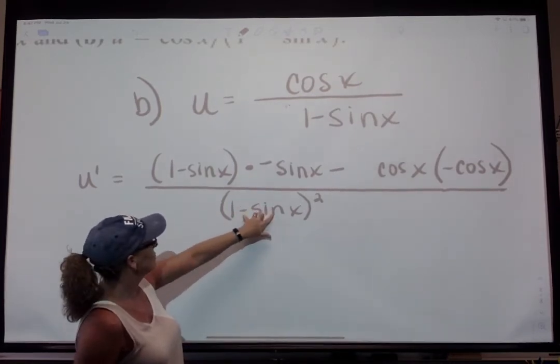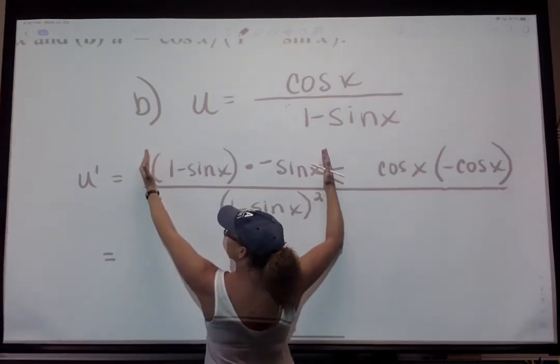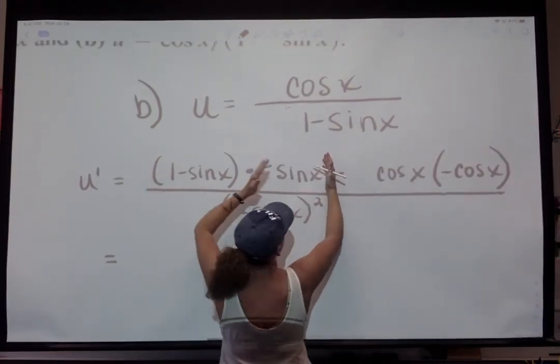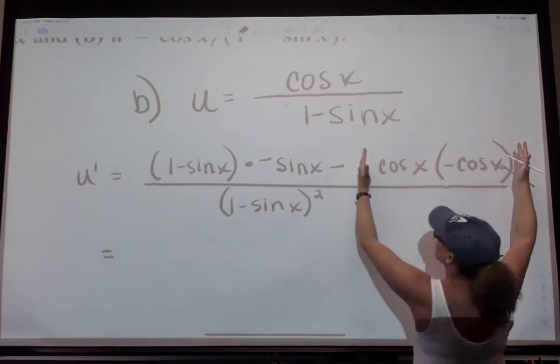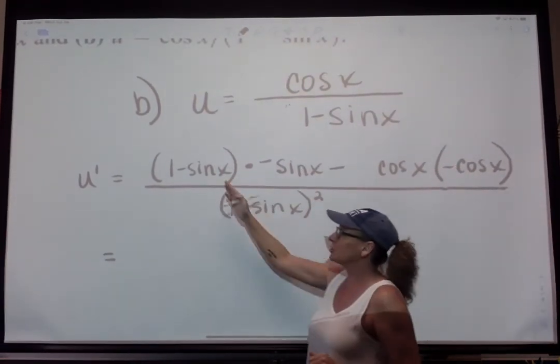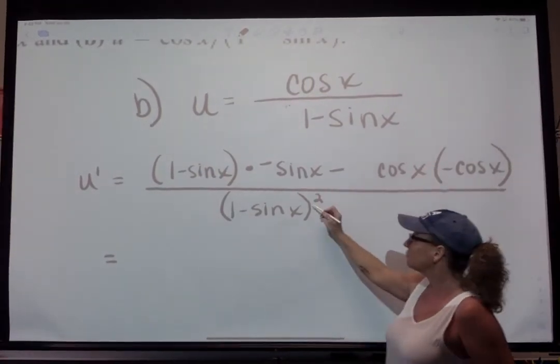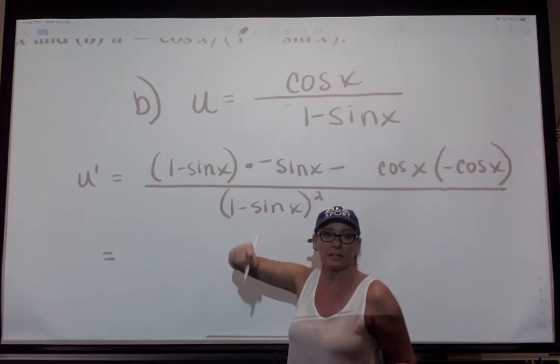Can you cancel one of these with one of these? No, because this whole thing up on top is one term, and this is one term. So I've got two terms on top. One of my terms has the quantity. The other one doesn't have the quantity. If you try to cancel one of these right now, you're going to kill a kitten.